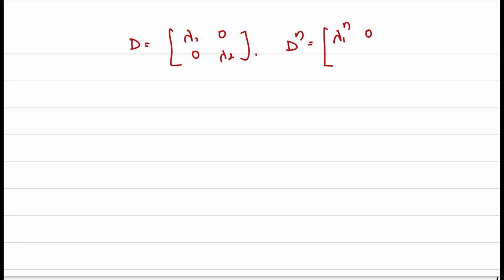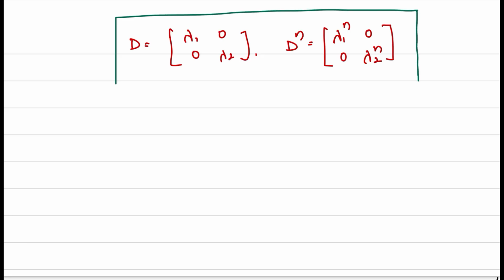You just see here: D is equal to lambda 1, 0, 0, lambda 2, then D to the power of n is nothing but lambda 1 to the power of n, 0, 0, lambda 2 to the power of n. You see how simply we can find D to the power of n.